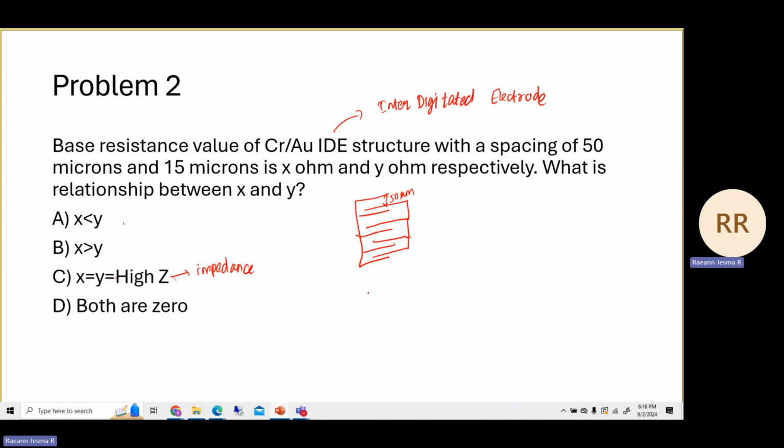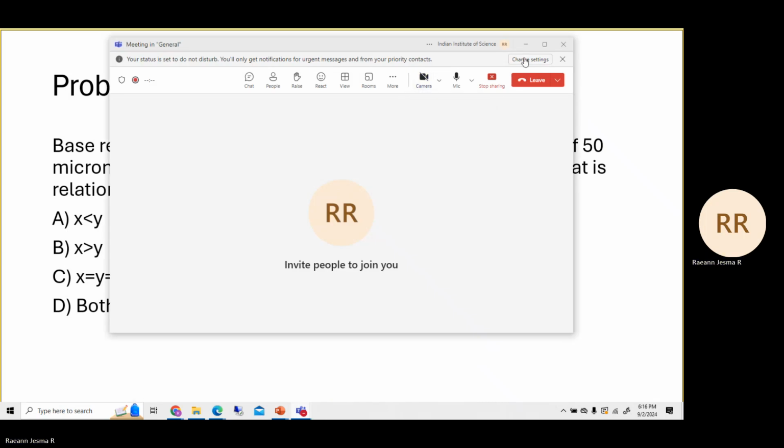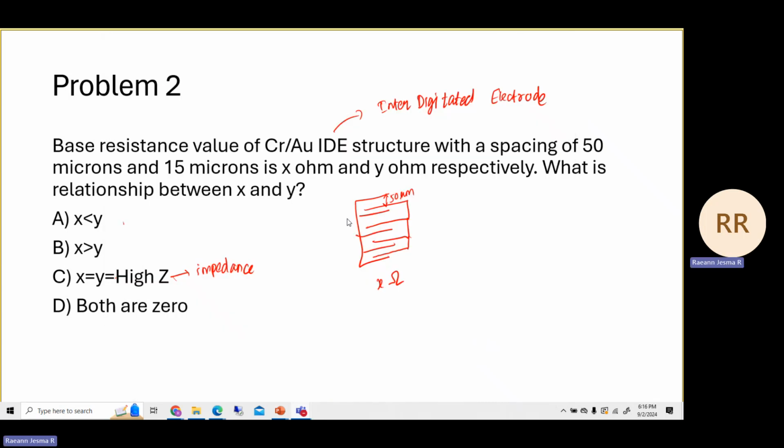For this structure, the resistance is given as X ohm. For the second structure, the spacing between the two interdigitated electrodes is 15 microns.